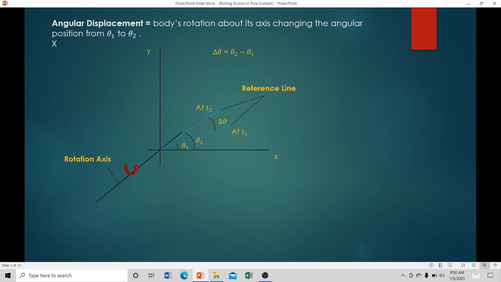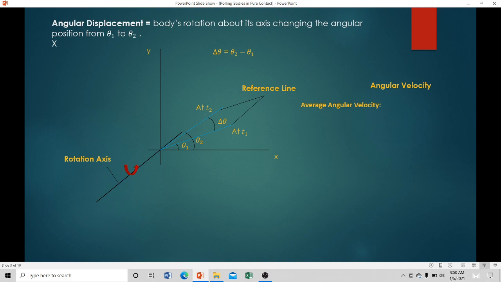However, we exploit the fact that the body in rolling is actually rotating at any given instant, not over a period of time, but for an instant. Okay? So the angular velocity or the linear velocity is in terms of instantaneous, not over a period of time.